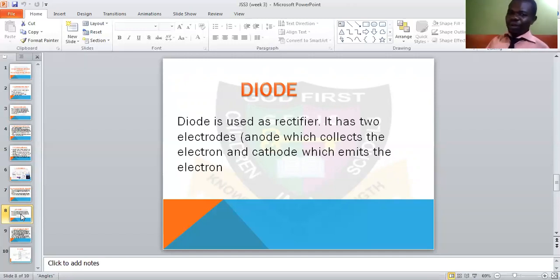One is called the anode. This anode is the one that collects the electron, and the cathode is the one that emits the electron. The anode receives and the cathode releases. That is the diode itself. It has two electrodes, from the word di.